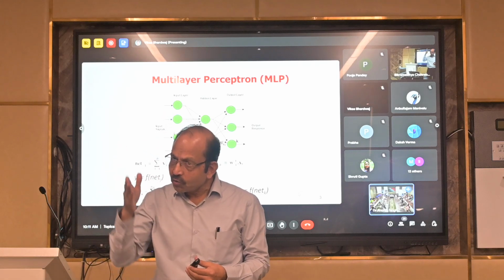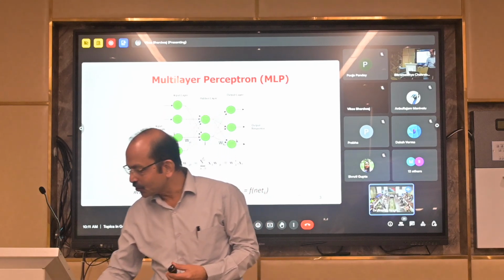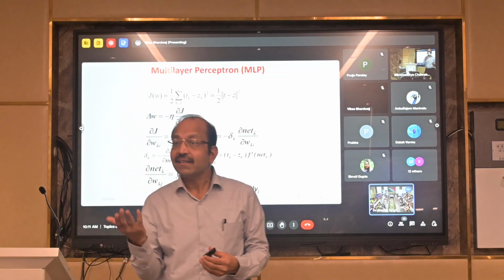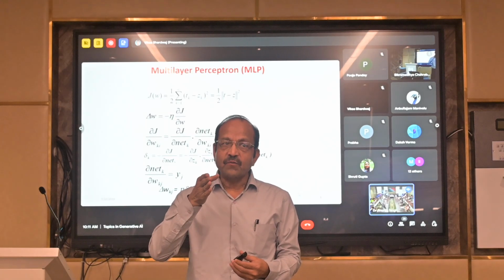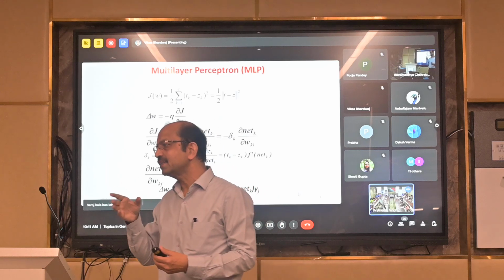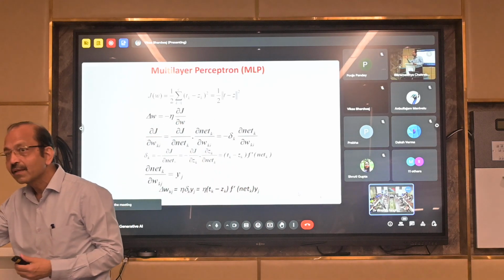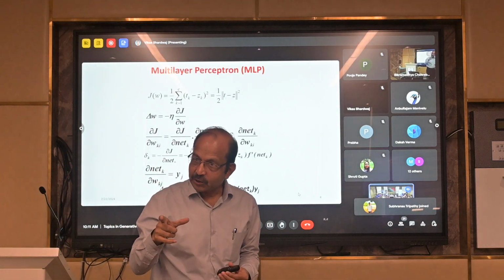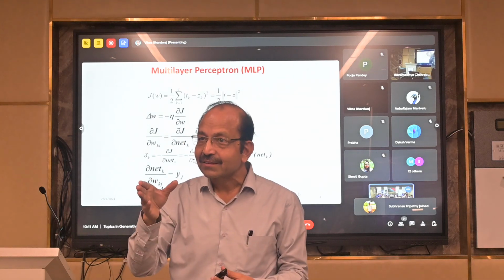You compute the gradient of error. The gradient of error is a vector quantity. Remember this. Vector means it has magnitude and direction.